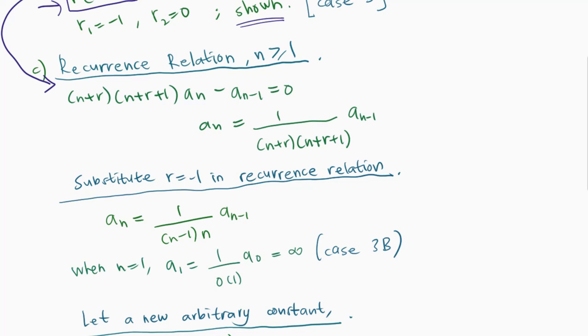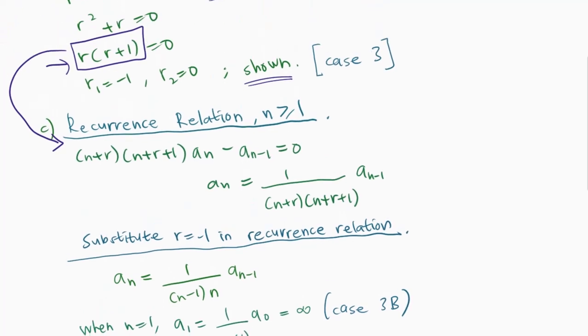Because in the above initial equation, we have the hint here. The factorized form is actually r times r plus 1. So, as I have mentioned before, just substitute n plus r in the place of r. So r plus 1 will be substituted as n plus r plus 1.